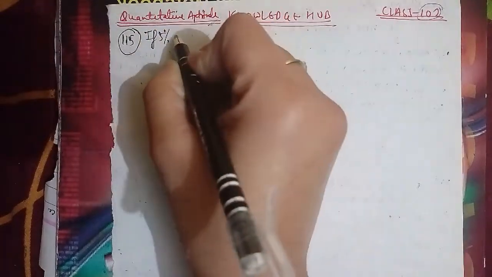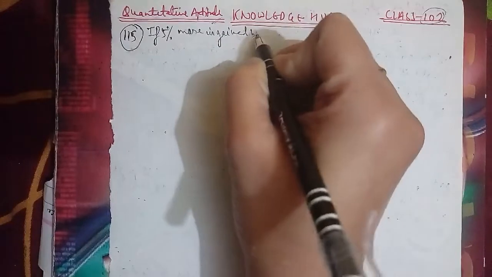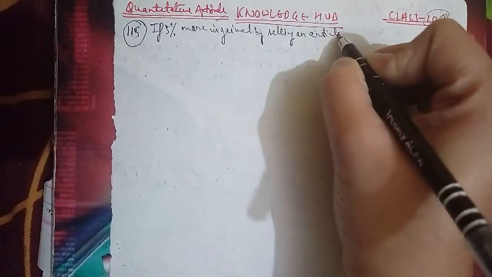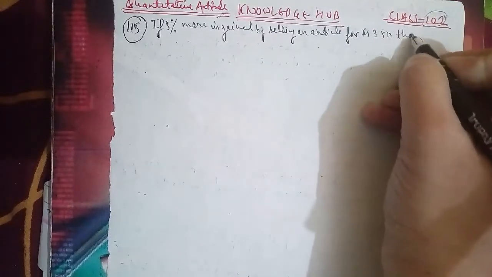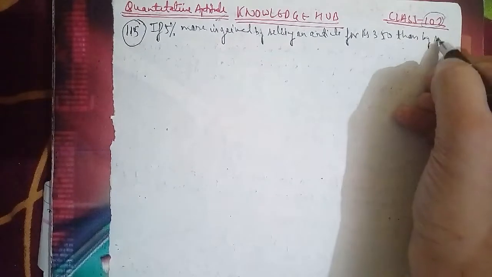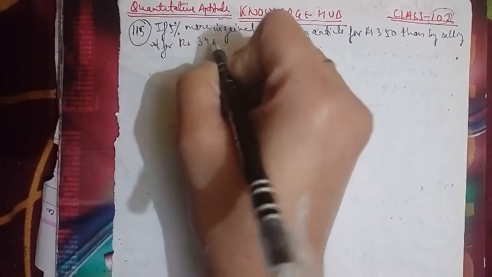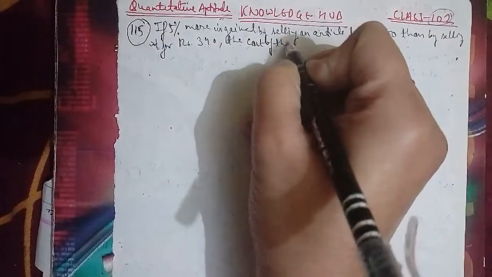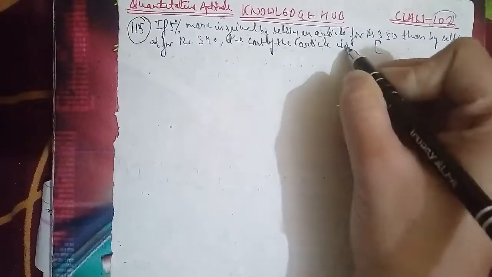If 5% more is gained by selling an article for rupees 350 than by selling it for rupees 340, the cost of the article is... Yes, this has been asked in a CBI examination paper.